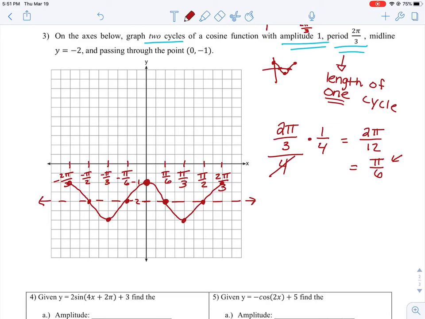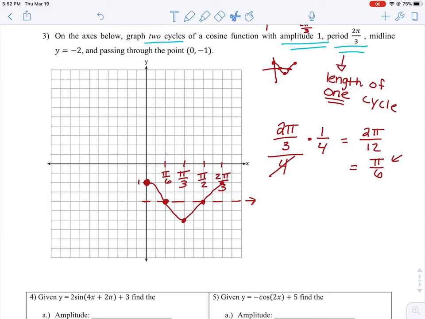So that is another way that you could have graphed this if you really wanted to show all of those critical values there. The last thing I want to show you is that you didn't have to do 1 cycle on one side and 1 cycle on the other side. You could have done all of those cycles on the right-hand side or all the cycles on your left-hand side. You would just need to set your axes up differently.